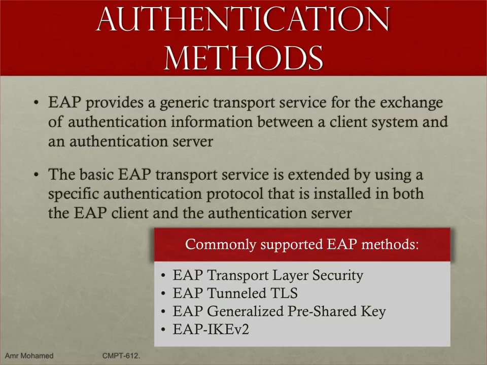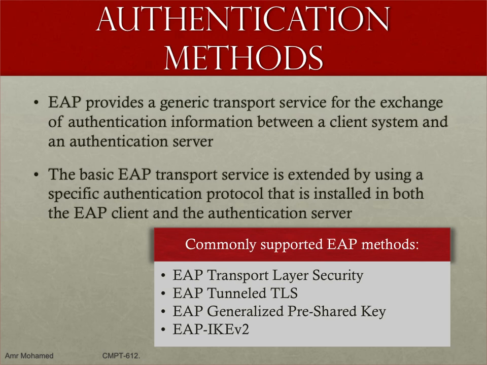So the extensible authentication protocol provides a generic transport service, as we said. It only provides the header for transport. So, for example, it provides end-to-end reliability, because the messages, as we will see in a minute, pass through potentially more than one node until they reach the final server, whether it's an IKE server or a pre-shared key server or something like this.